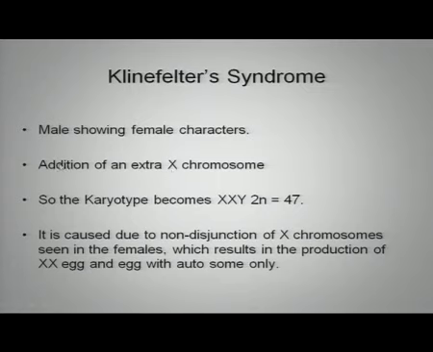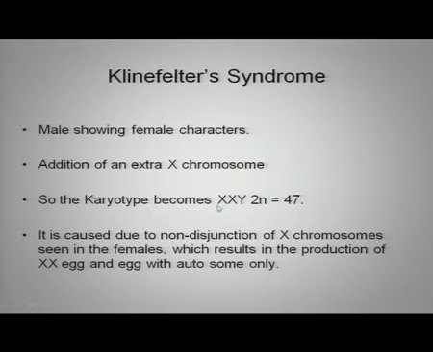Why does it happen? An addition of an extra X chromosome with the normal XY chromosome. So, the karyotype of this particular individual is XXY. Again 2n is equal to 46 plus 1, 47.